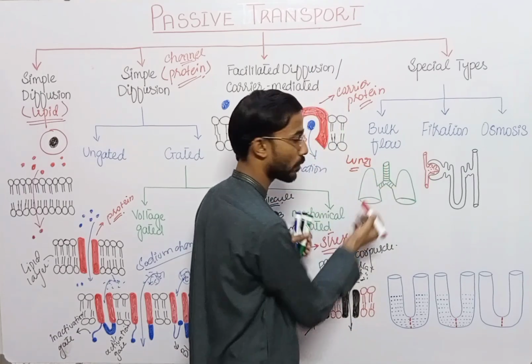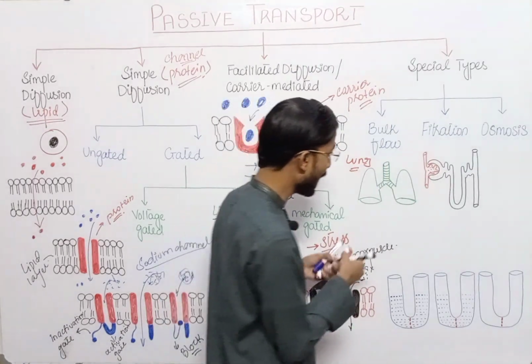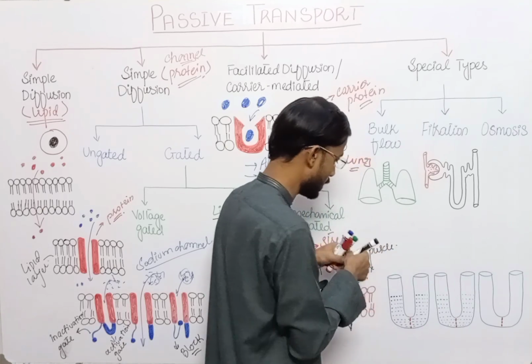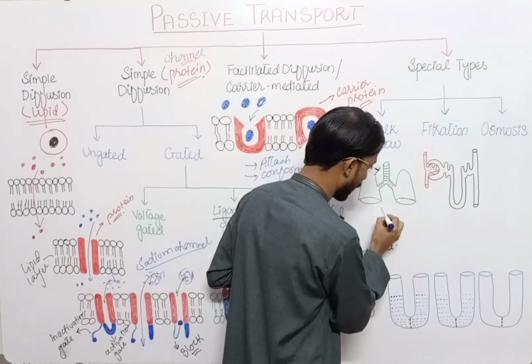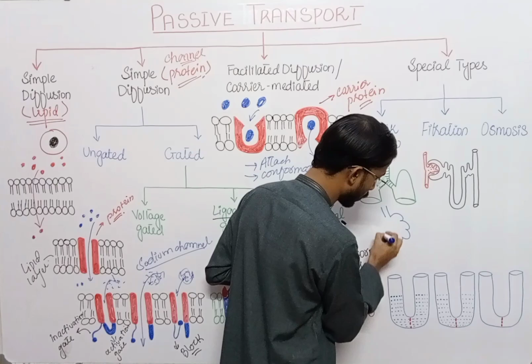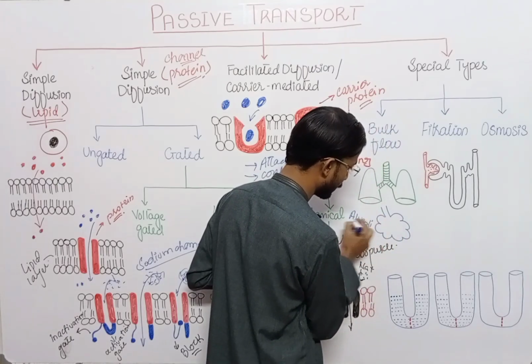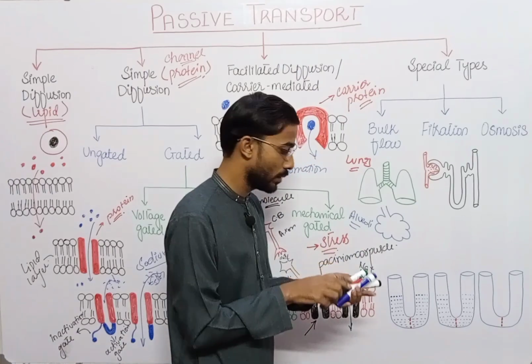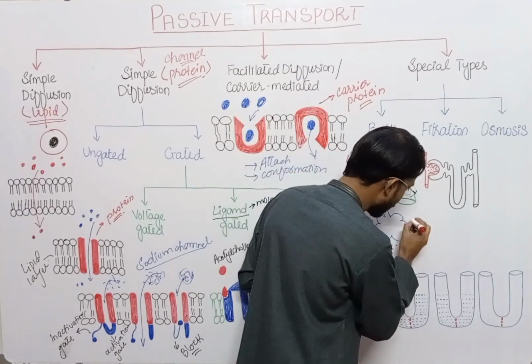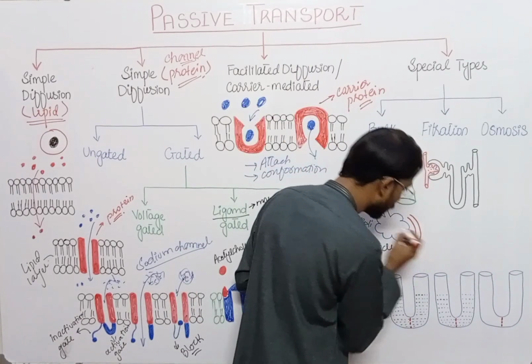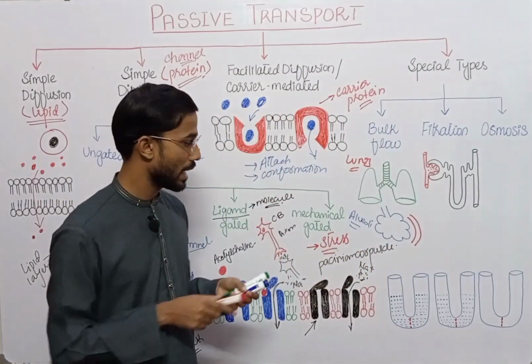This is the bronchi, bronchioles. And in the lungs there are alveoli. Here you can see this is the structure of the alveoli, and a lot of blood capillaries surround these alveoli.